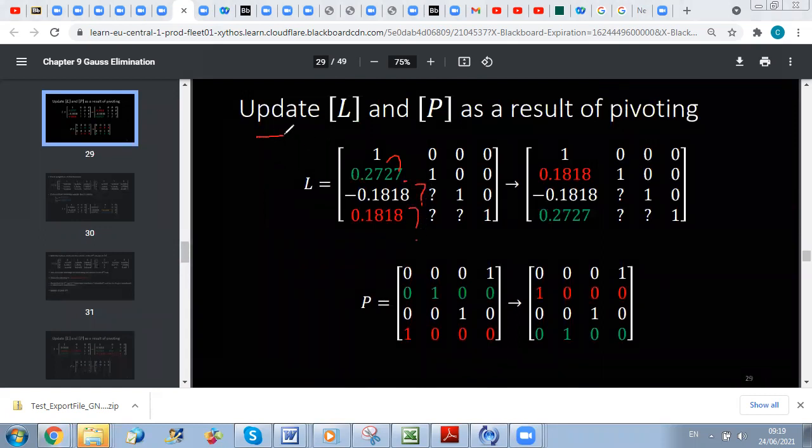You did the first pivoting operation, then you determined what the coefficients f21, f31 and f41 are.